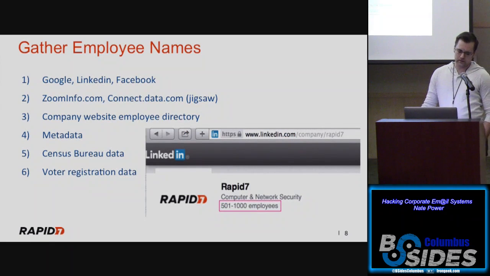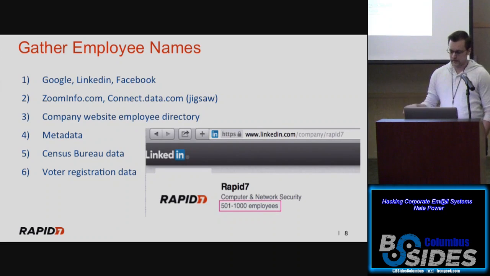Other public resources that I'm using to gather employee names, I'm using Google, and LinkedIn and Facebook are probably the most common methods for me. And I've got a series of scripts that scrape these sites. Line item number 3 there, I'm seeing quite a bit of universities and law firms will actually have their entire employee directory online, which makes it pretty easy to identify employees.